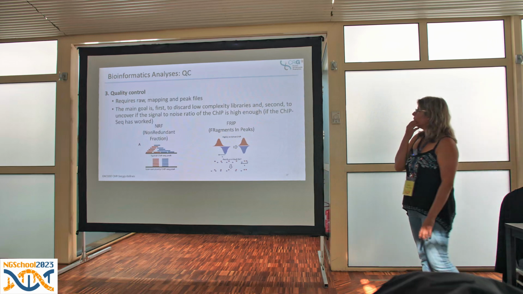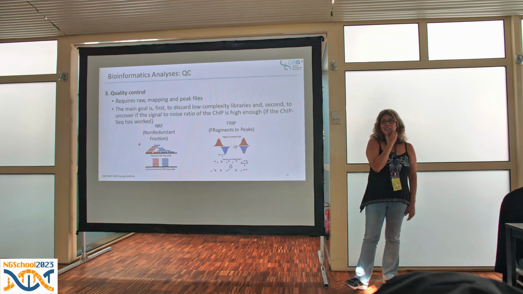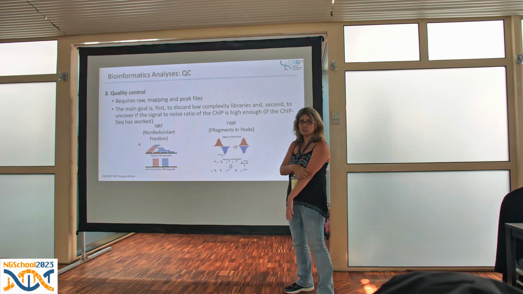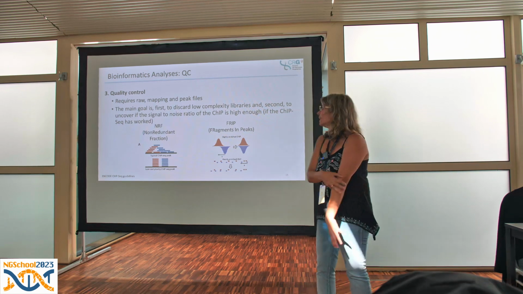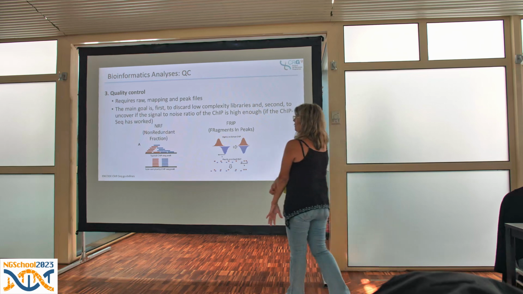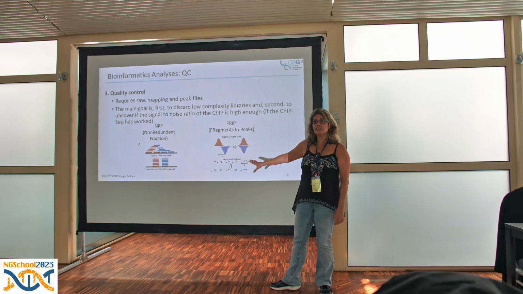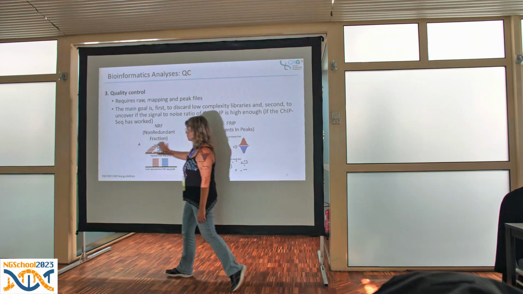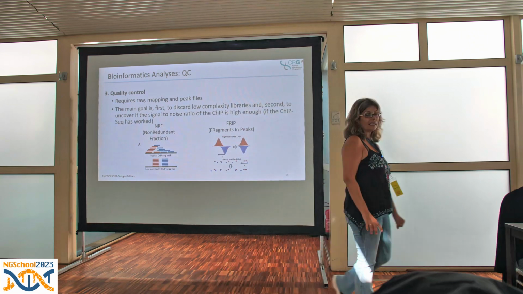Then, quality controls. As always, controls are essential. We will see that we have many possible controls in ChIPseq. We can also choose not to use controls, and we will talk a bit about that. But basically, these are controls of the technology, of how the experiment has worked, okay? If you want to explore more, there is a lot of information in the ENCODE ChIPseq guidelines.